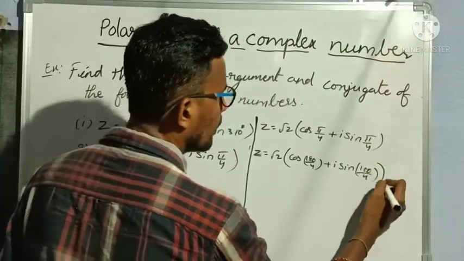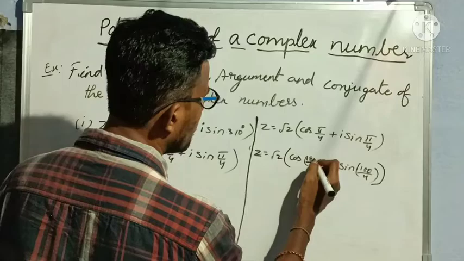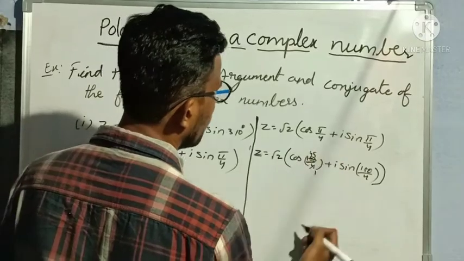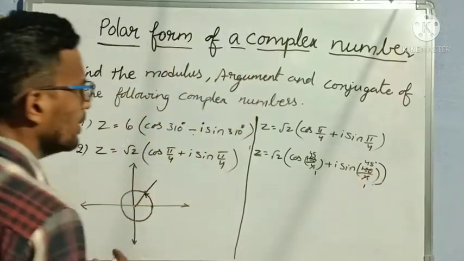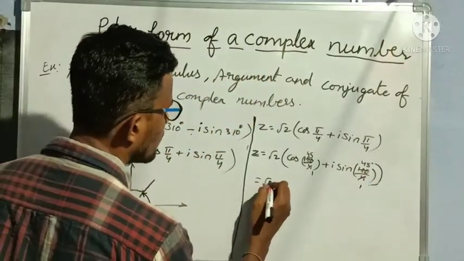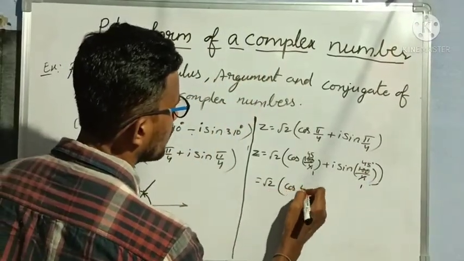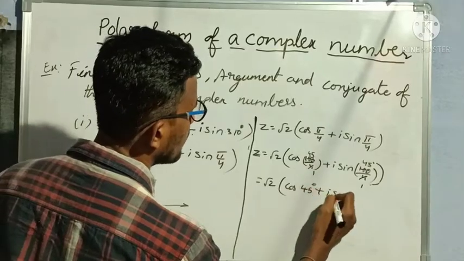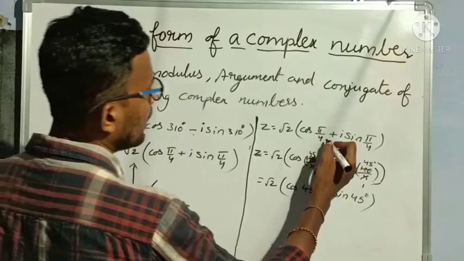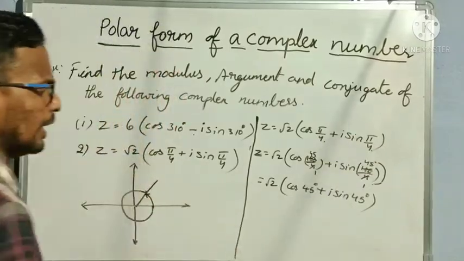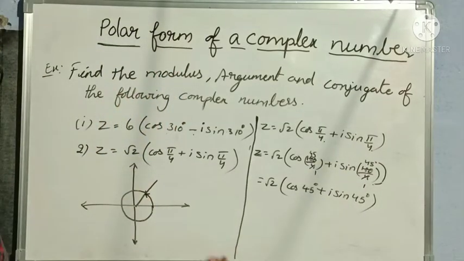So 4 ones 4, 4 4 16, 4 5 20, so 45. So here also 45, there also 45. So I can change this as root 2 into cos 45 degrees plus I sin 45 degrees if you want in degrees. But when we want in radians, we can take pi by 4 directly. So according to your wish, we can take our answer.